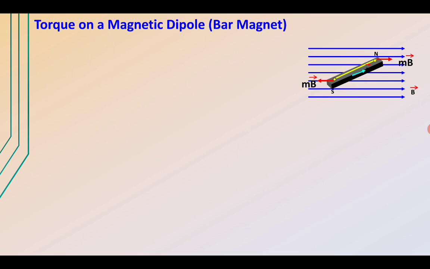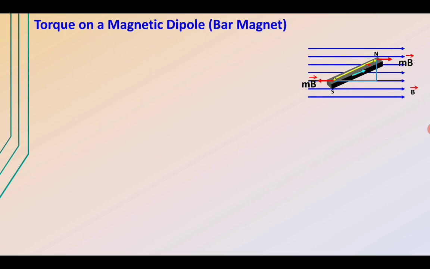Now 2L is the length of this bar magnet, and we have the north pole and south pole. There is a force between this magnetic field and the north pole, directed outwards along the magnetic field, and the strength of the force at the pole N is mB vector.